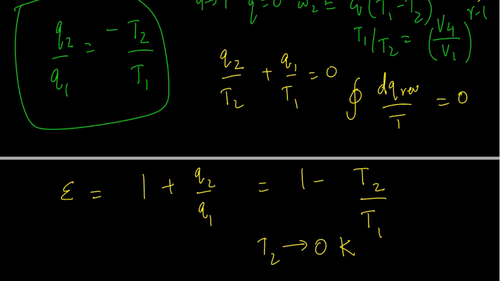If I want to go to 0 Kelvin, what is the heat that is input into the system? In the refrigerator, Q2, and I've been talking in terms of Q1. So let me just write it down.